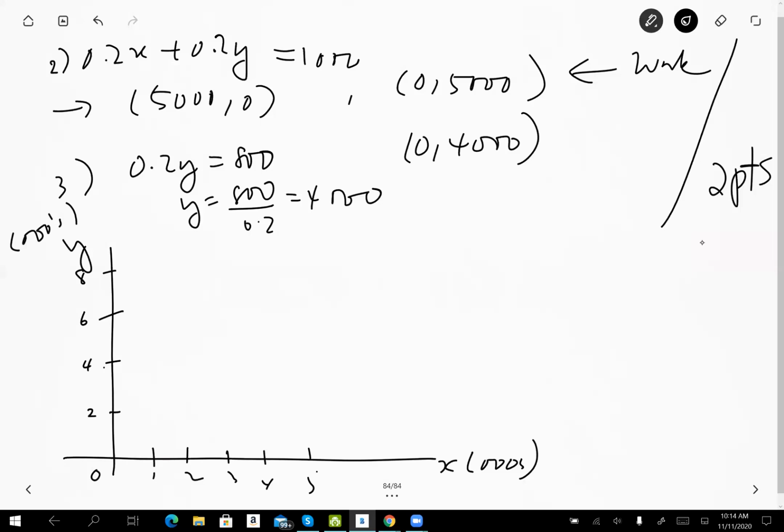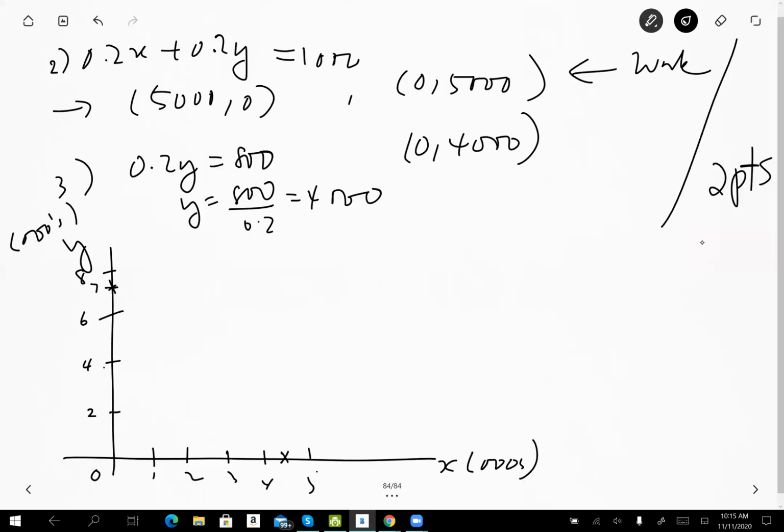for the first one, 0.6x plus 0.4y, right? So the x-intercept is 4,600 something, so that's somewhere there. And the y-intercept is 7,000, somewhere there. So these 2 points, you make the connection. So I draw it.